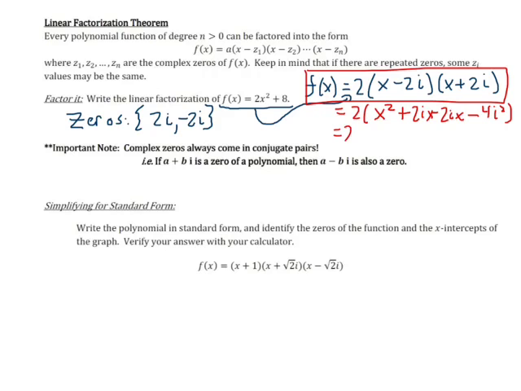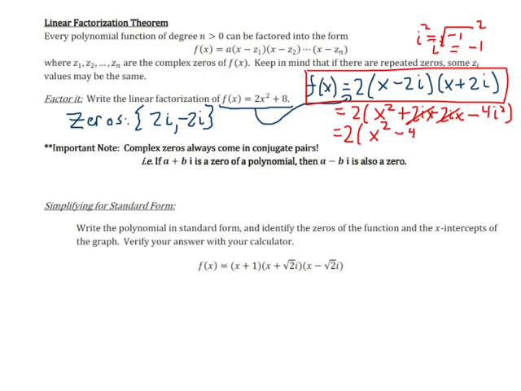Now, keep the 2 out here for a moment. Let's clean this up. We have x squared, and here these cross out. They make 0. And we have minus 4, and we have times i squared. But i squared, since remember i is defined by the square root of negative 1, if we square both sides here, we get i squared is negative 1.